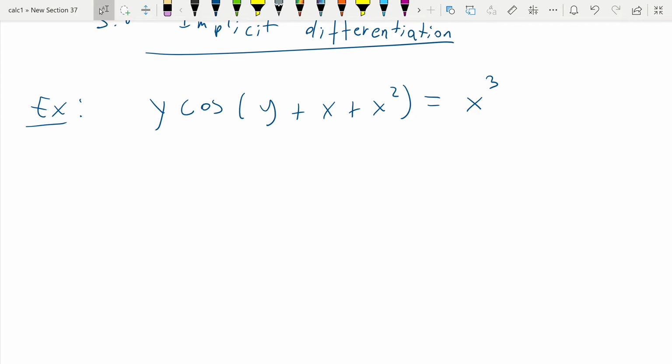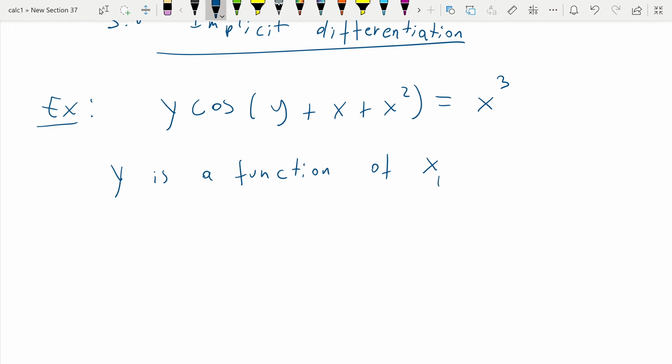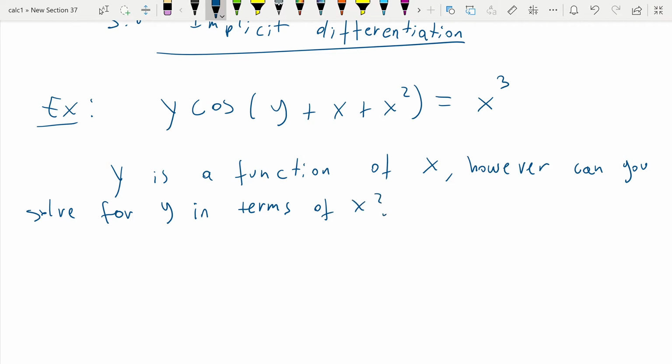Now here, y is a function of x. But the question is, can you solve for y in terms of x?